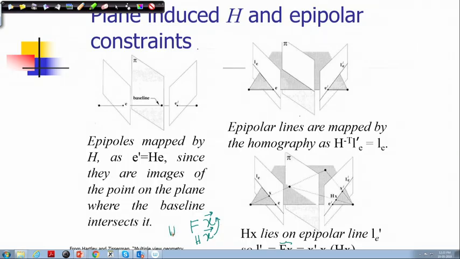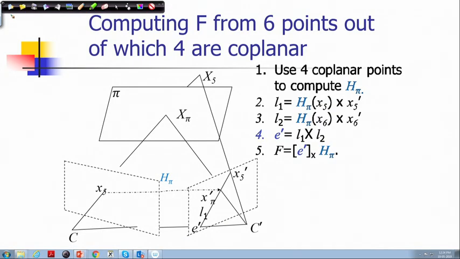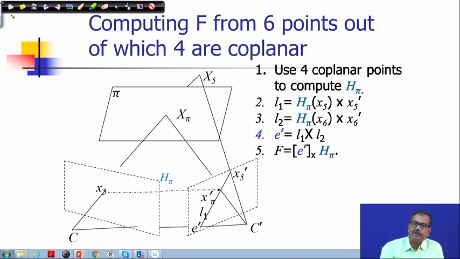That means I can write H x transpose F x should also be equal to 0. So, that is the essence of this particular computation. We will be exploiting these facts for estimating the fundamental matrix under certain constraint scenarios, because that would simplify the computations.